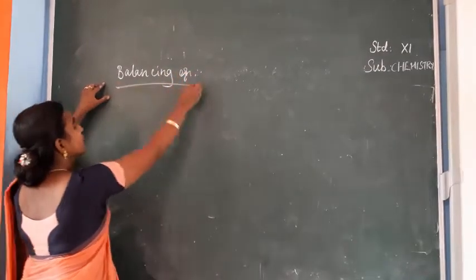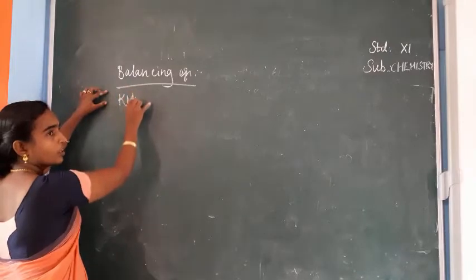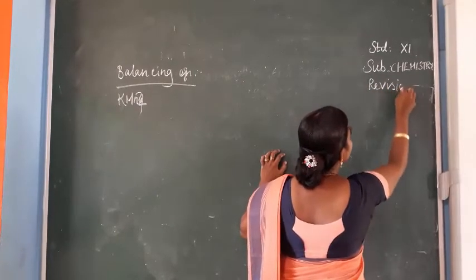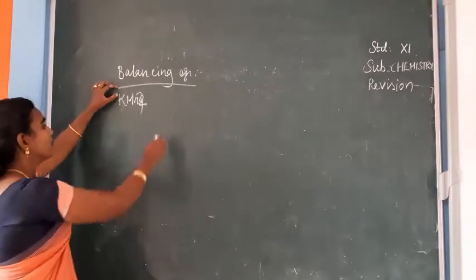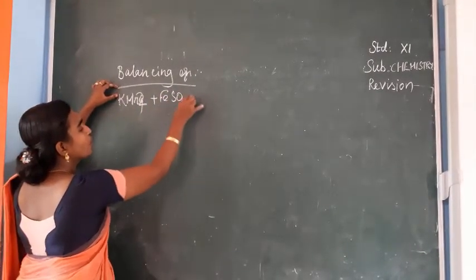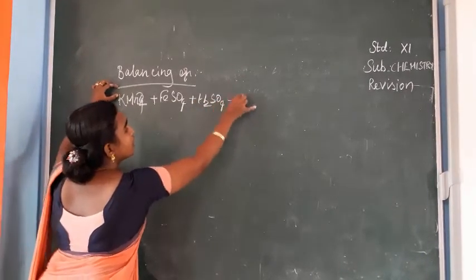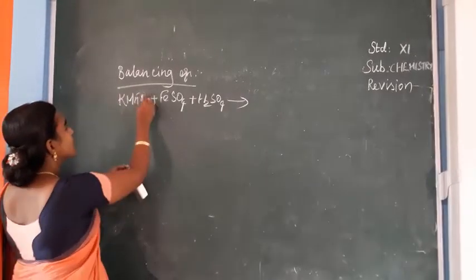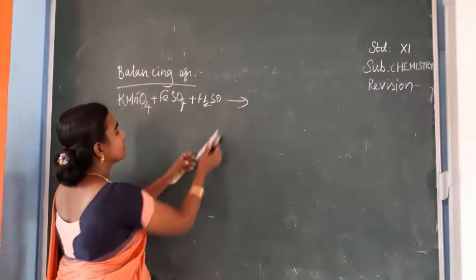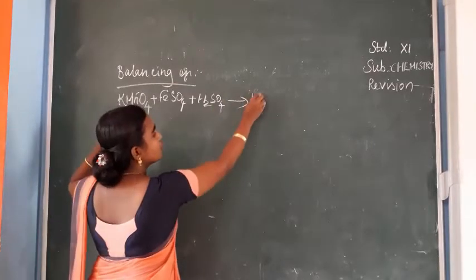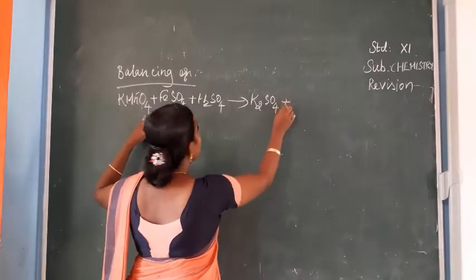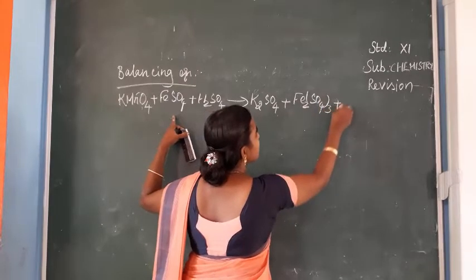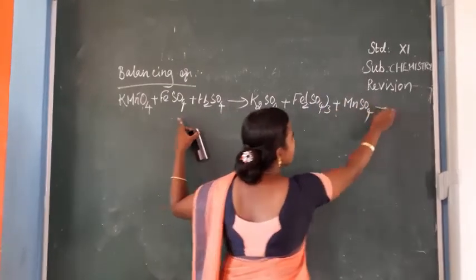So I will give one example, that is KMnO4 plus FeSO4 plus H2SO4 gives K2SO4 plus Fe2(SO4)3 plus MnSO4 plus H2O.